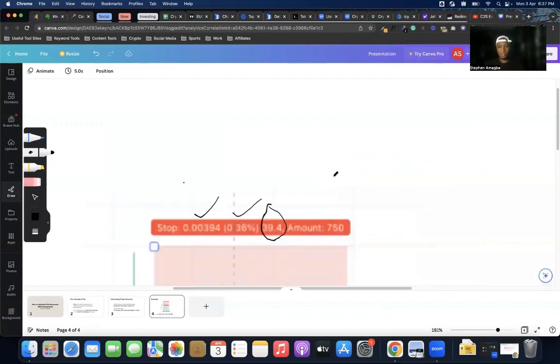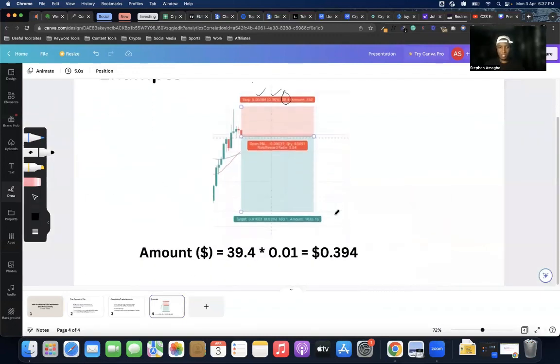So now let's go over. In this case, it's going to be 39.4 times 0.01. That's if you're using the micro lot, that's 0.01, or whatever lot size you have. And doing this simple multiplication is going to give you the amount. So what this means is you're going to look at these amounts and know, let's say I want to risk 1% of my account.